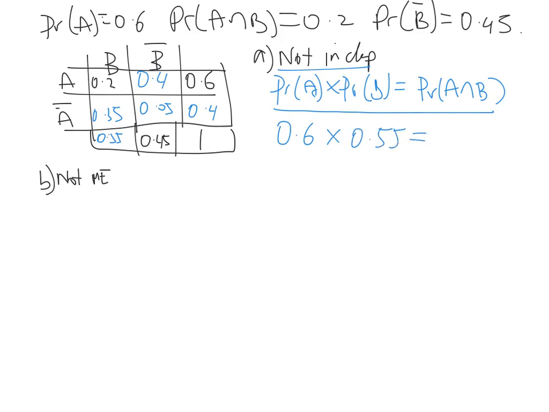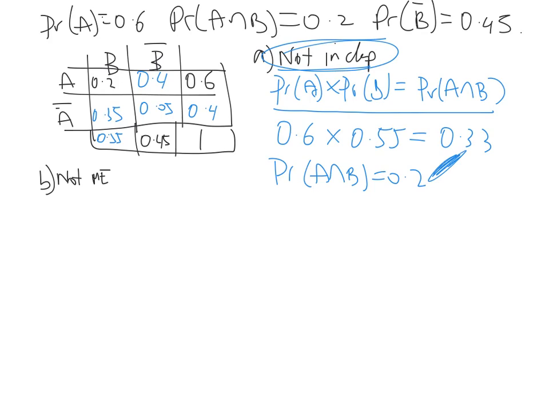That ends up being 0.33. If we check our table, the probability of A intersecting with B is 0.2. Given that these two are not equal, it is not independent. Circle the whole thing. It's not independent because these two are not equal.